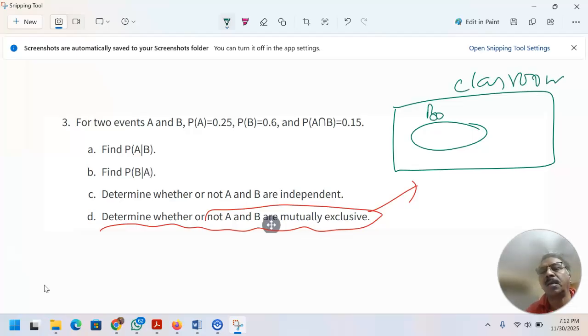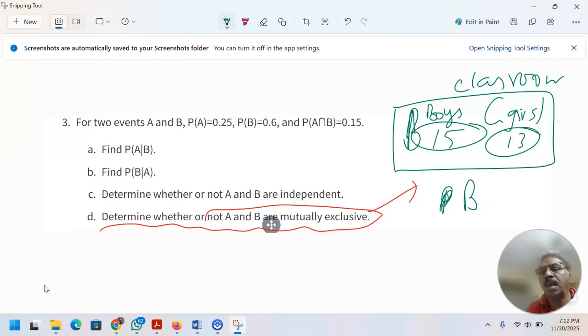So in the classroom, there could be 15 boys and 13 girls, and we say this is B and this is G. You don't see any student common. So we say this is empty. This is null. There is nothing.